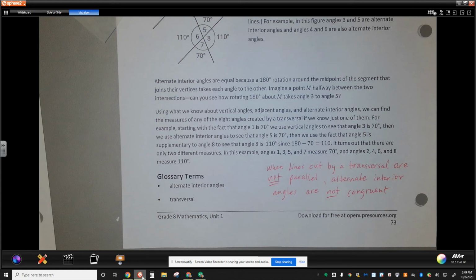But when the two lines are parallel, alternate interior angles are congruent. So parallel lines, we see congruence. Non-parallel lines, we don't see that. But again, keep in mind, vertical angles, even when the lines aren't parallel, still remain congruent to each other, and supplementary angles still add up to 180 degrees.